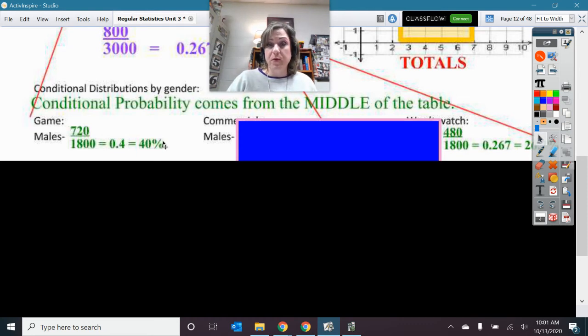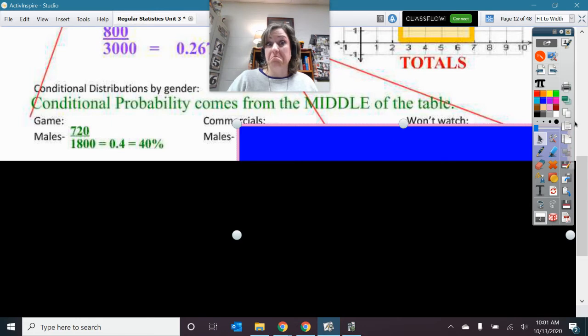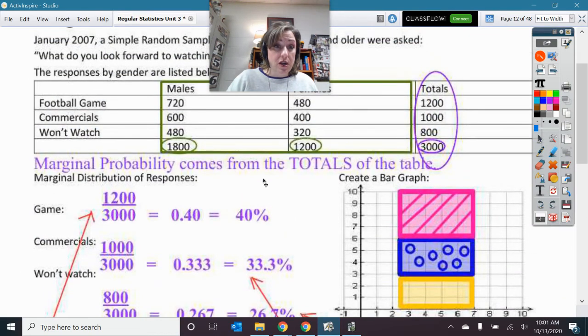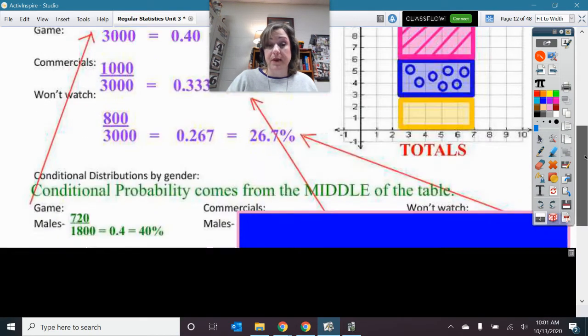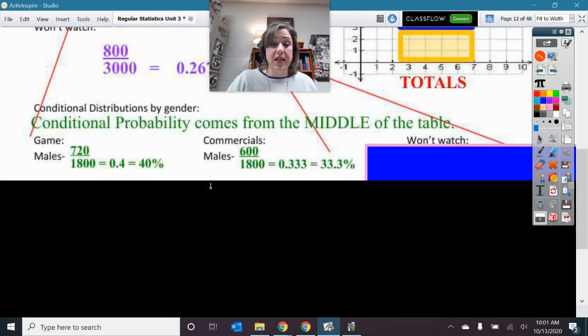If you remember correctly, that was the same as the overall rate of those watching the game for the game. So something to keep in mind. Next, commercials. Males are doing the commercials 600 out of 1,800. So I'm going to come down here, 600 out of 1,800. That's 33.3% of the males watching for commercials.